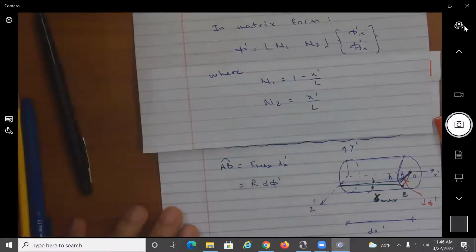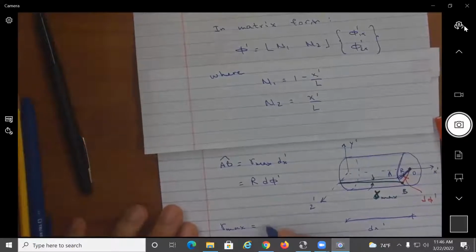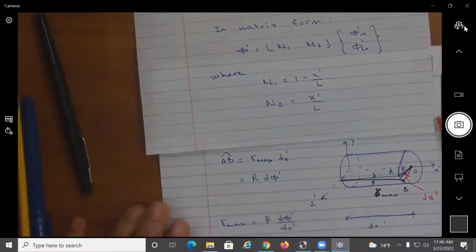If I want to solve for gamma max, then gamma max is equal to r d phi prime by dx prime.